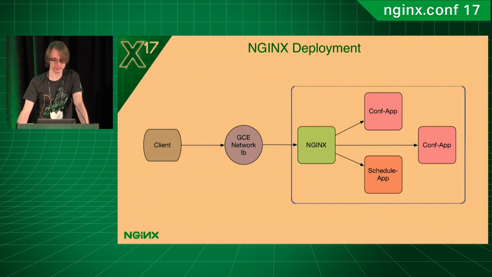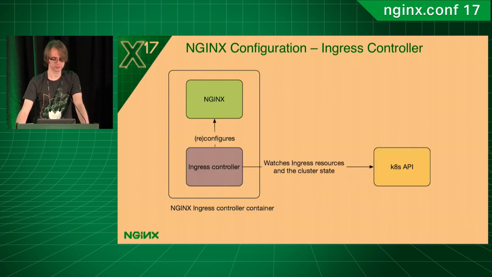So the Ingress controller is multi-tenant, so you deploy as many Ingress resources as you need for different applications. And if you update those resources with Kubernetes commands, those changes will be reflected in the NGINX configuration. But you will deploy a new container? No, you don't need to deploy anything. The Ingress controller software will update the NGINX configuration on the fly, either changing the configuration and doing a reload, or using NGINX Plus on-the-fly reconfiguration.